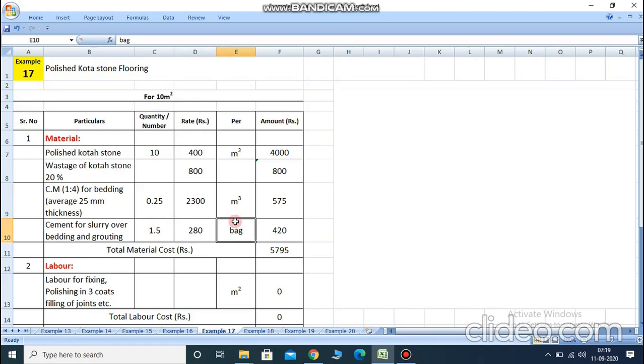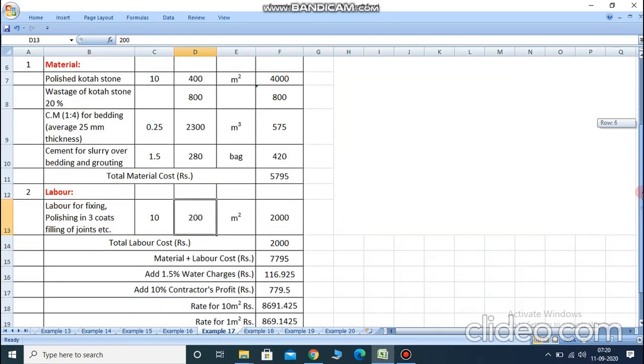So we got 420 rupees. Next is the labor cost for fixing, polishing and filling joints. Per meter square labor charge is 200. For 10 meter square, 10 multiplied by 200, we got 2000 rupees.